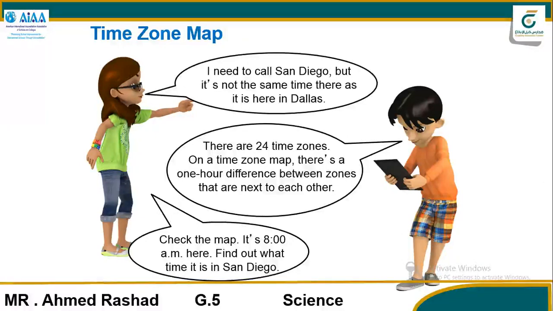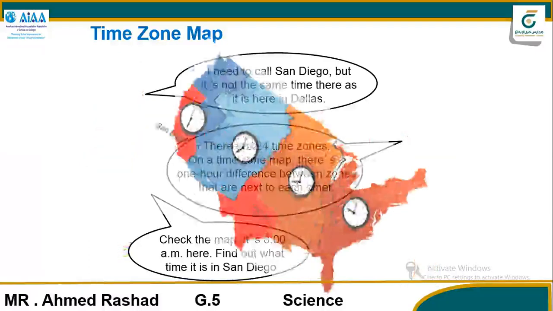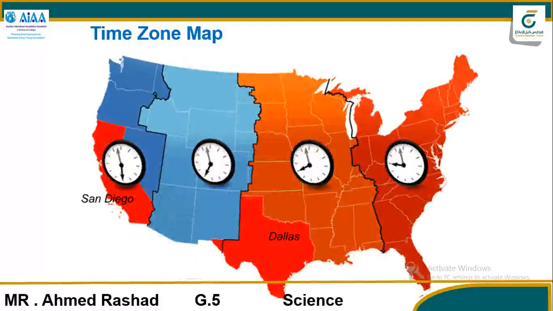This is a conversation between two people talking about time zones and the different times in different places, between San Diego, California, and Dallas, Texas. You can read it. After reading it, you can watch this map describing the different times in different places between San Diego, California, and Dallas, Texas, and the differences between them: 1 hour, 2 hours, and 3 hours. This is called time zones.